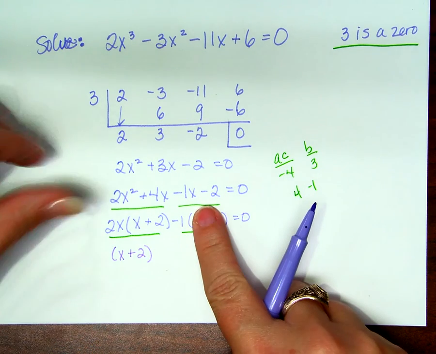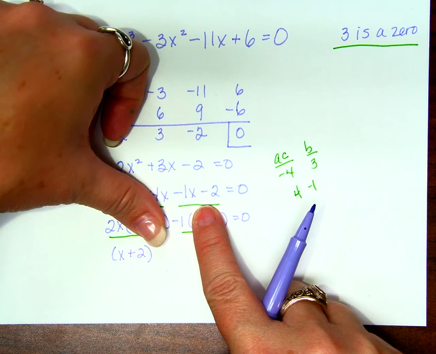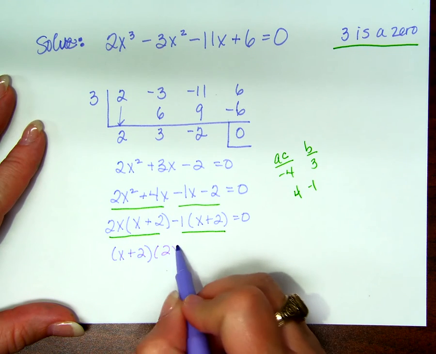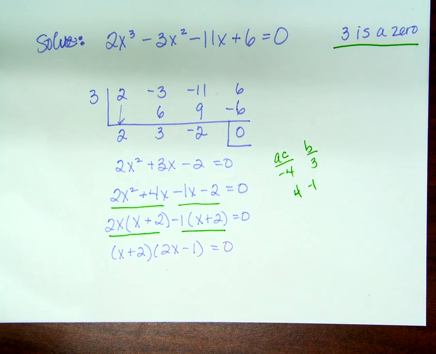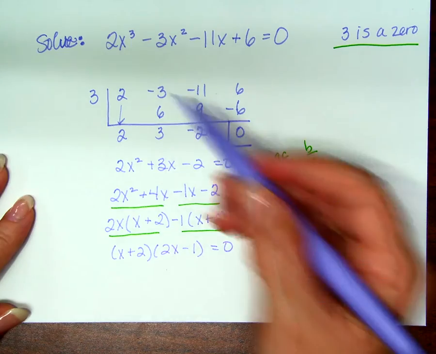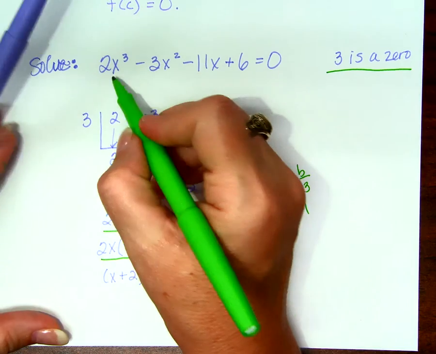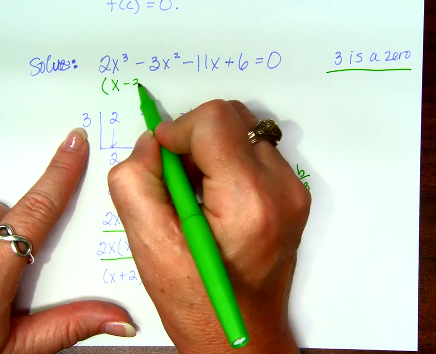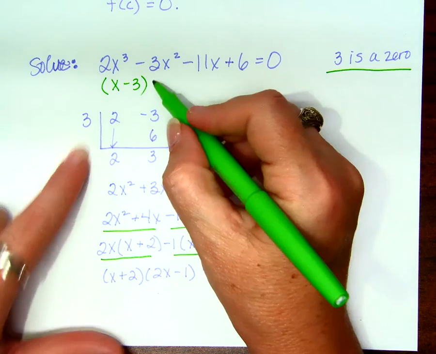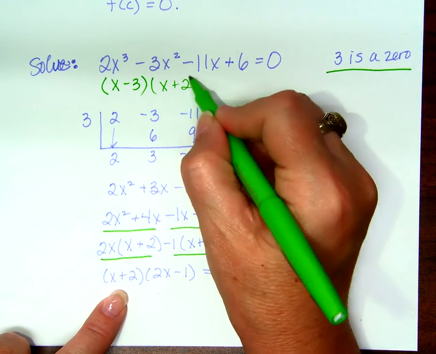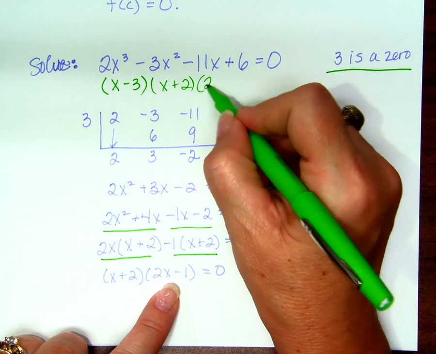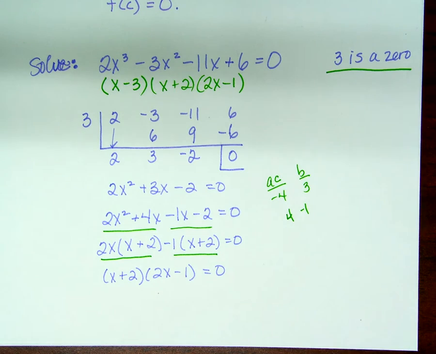And if I factor out an x plus 2, what's left is 2x minus 1. So now, starting from the very beginning, if this is my problem, my three factors are x minus 3 from right there, x plus 2 from right there, and 2x minus 1 from right there.